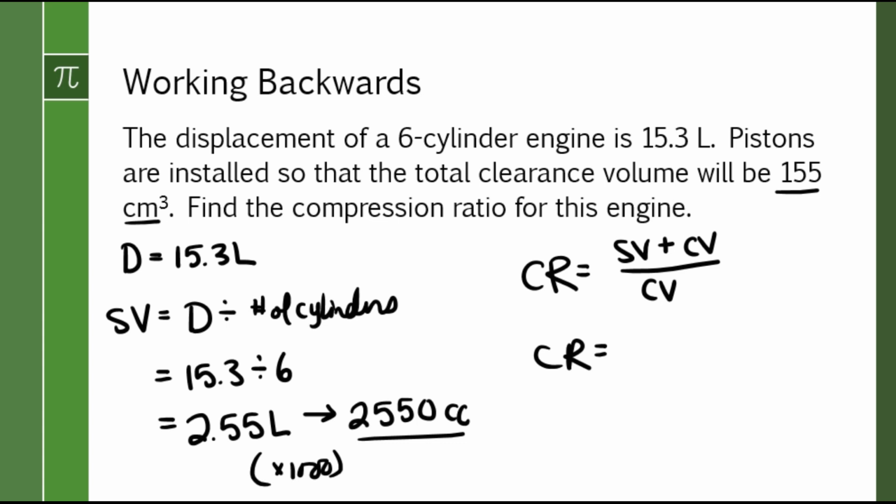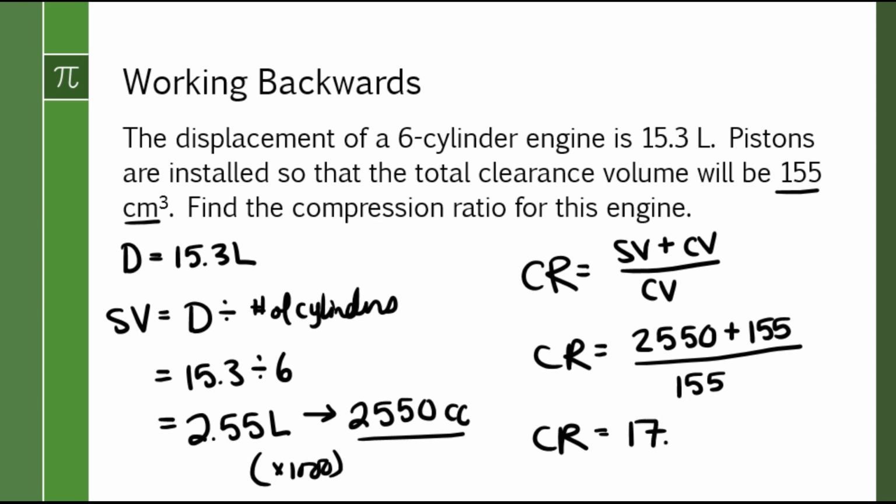Okay, so where did we put that swept volume? There it is. Here's our clearance volume that was nicely given to us. We divide by the clearance volume, and we're going to get a compression ratio of about 17.46, which means 17.46 to 1 is the ratio. You can tell I was teaching a diesel class last term.